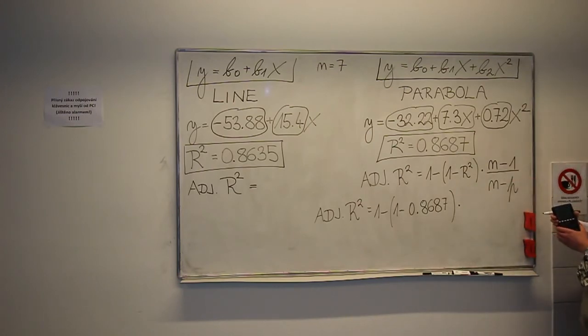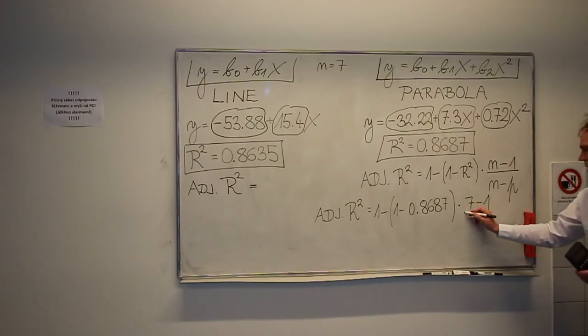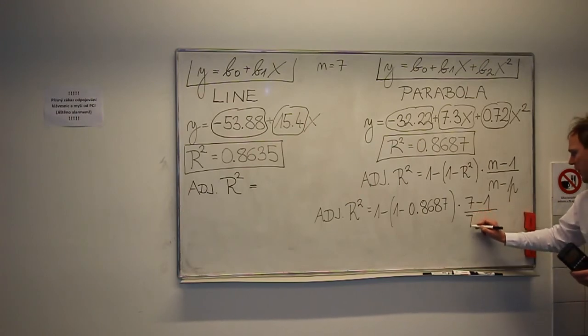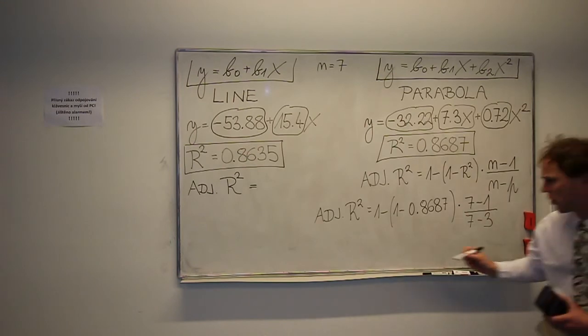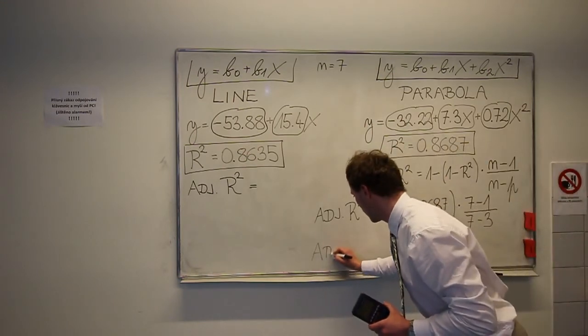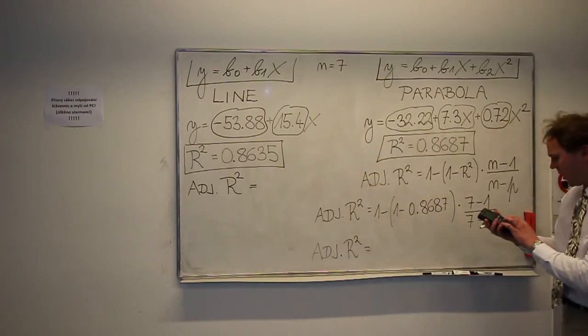In the numerator we have 7 minus 1, and in the denominator we have 7 minus 3, because the number of coefficients is equal to 3. So please calculate the adjusted R squared.